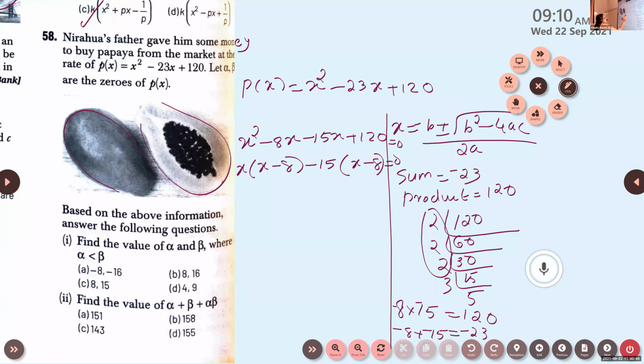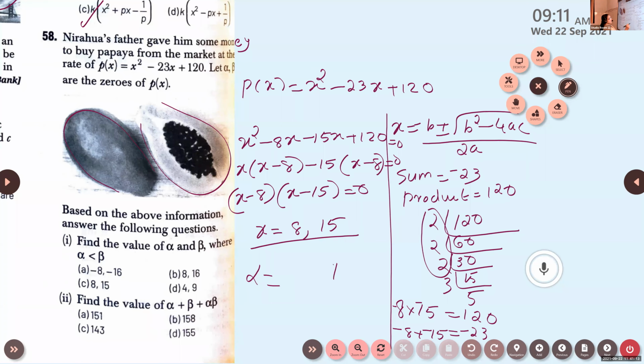Taking x minus 8 in common, x minus 15 equals 0, so x equals 8 and 15. These are the values of x. And it is given that alpha is less than beta. So of these 8 and 15, which one is alpha, which one is beta?